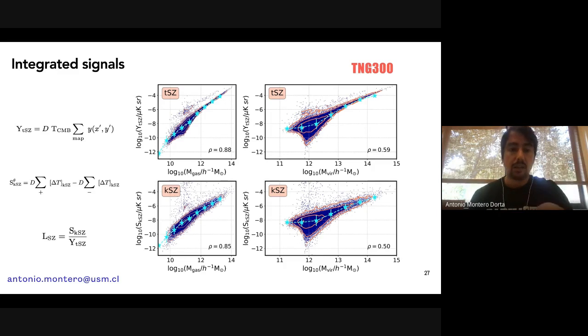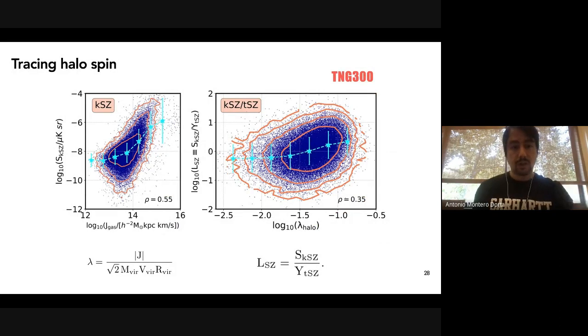This is only the rotation; we subtracted the bulk velocity of clusters just to see what the rotational signal is. And then of course you can see what the correlation of this kSZ signal is with the angular momentum of the gas and with the spin of the halo. There's not that much of a correlation, but there is a little bit, right?